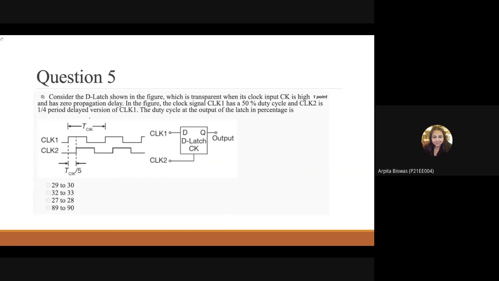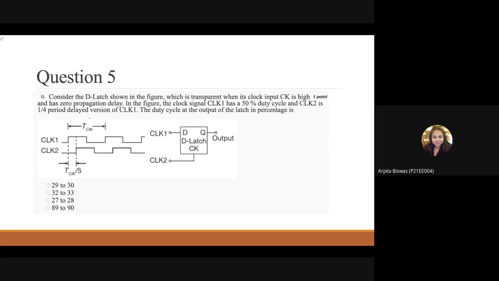Okay, there is one more important question, question number 5. Consider the D-latch shown in the figure, which is transparent when the clock CK is high and has zero propagation delay. In the figure, the clock signal CLK1 has a 50% duty cycle, and clock 2 is a one-fourth period delayed version of clock 1. What is the duty cycle at the output of the latch in percentage?